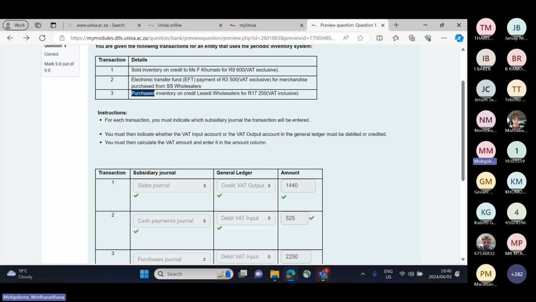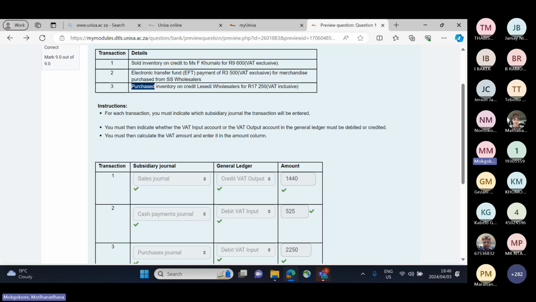We debit our VAT input with 2,250, and we credit Lesedi wholesalers or trade payables with 17,250.